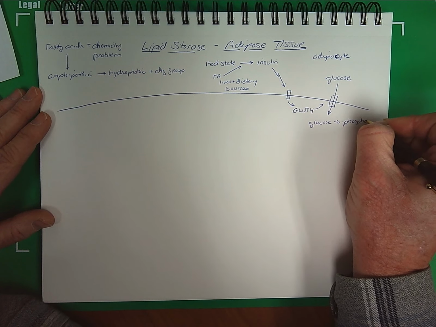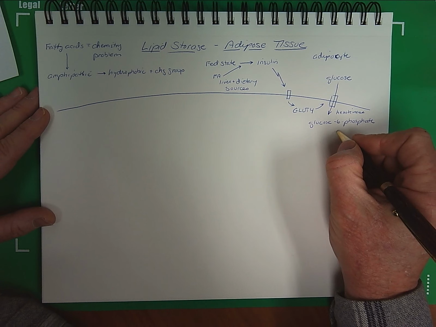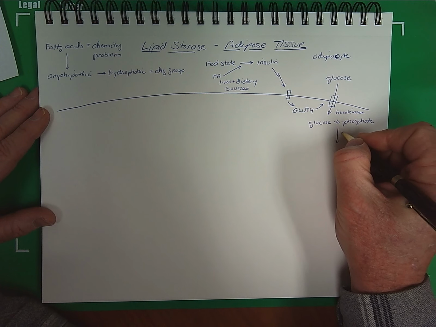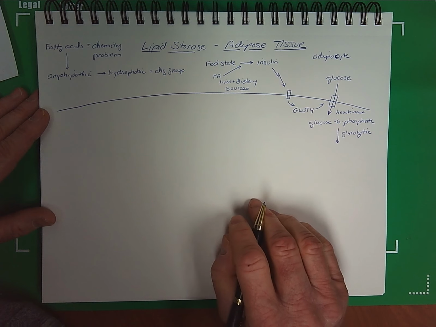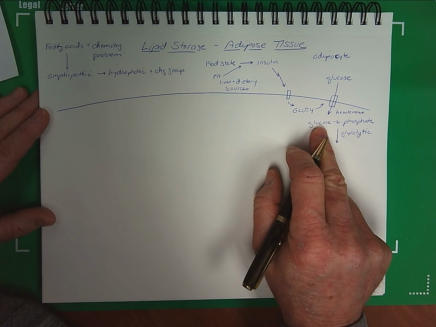This, of course, is being done by the enzyme hexokinase. Now, at this point, the glucose 6-phosphate is going to enter the glycolytic pathway, just as it does with any other cell type.